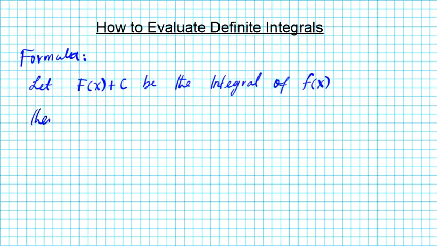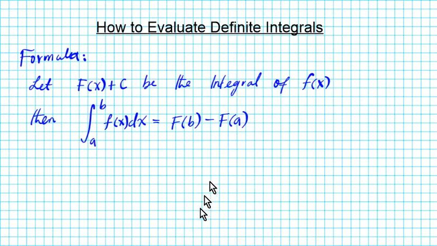Then the integral from a to b of f of x dx is basically the antiderivative F of x evaluated at the upper limit minus the antiderivative F of x evaluated at the lower limit. This, ladies and gentlemen, is known as the fundamental theorem of calculus part 1.